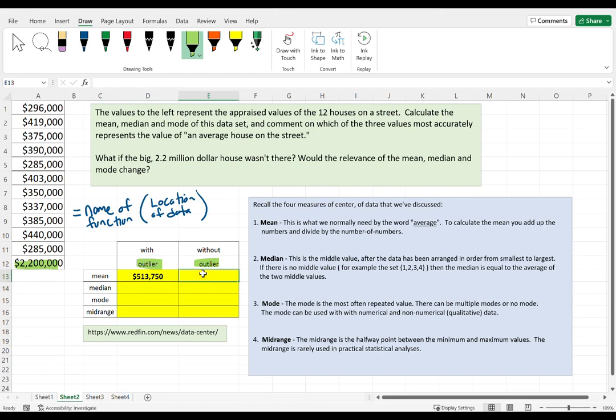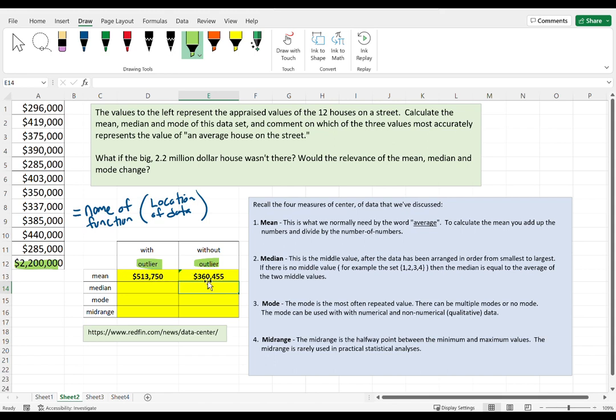Now let's take out the outlier. So now let's recalculate the average house price, or appraised value, of just the first 11, because those are the ones that are within our price range. So we'll say equal average, and now we'll go A1 through A11.